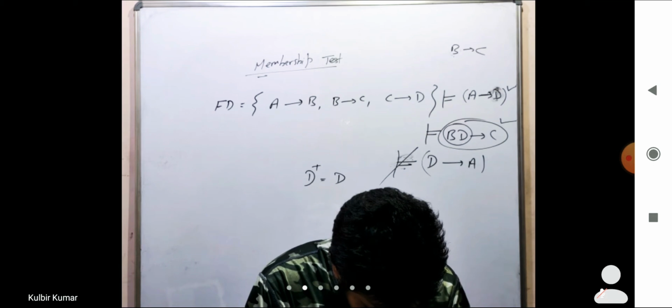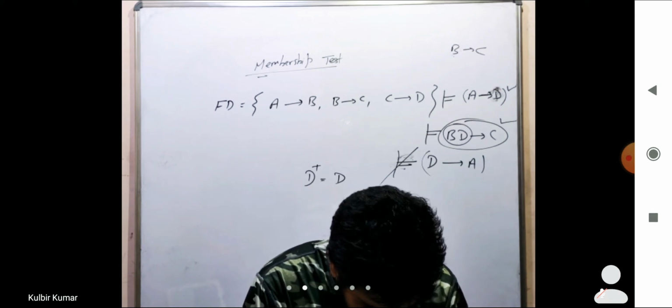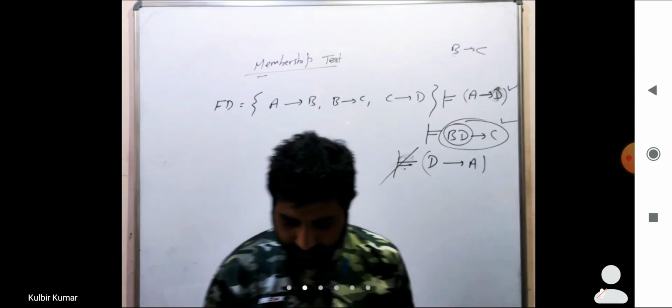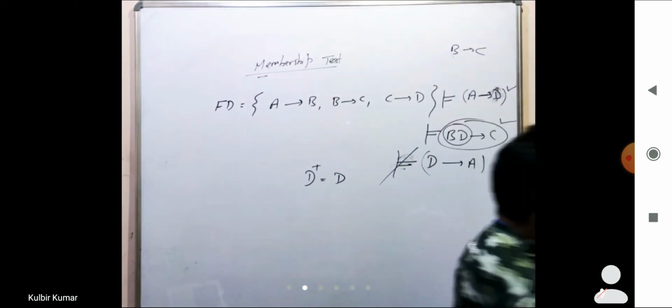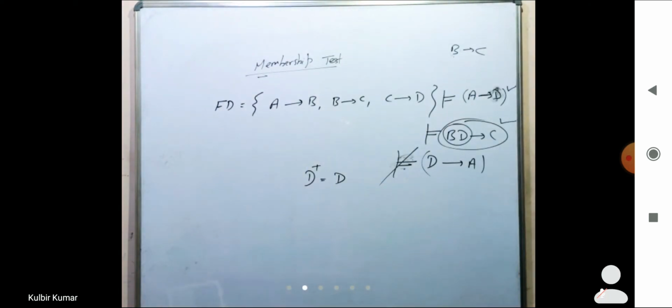Okay, so after this membership test, next is the equality between the functional dependency sets. If two functional dependency sets are given, then we need to find out whether they are equivalent or not.